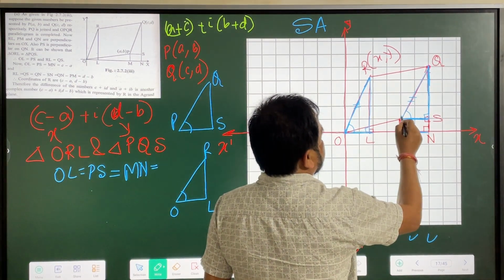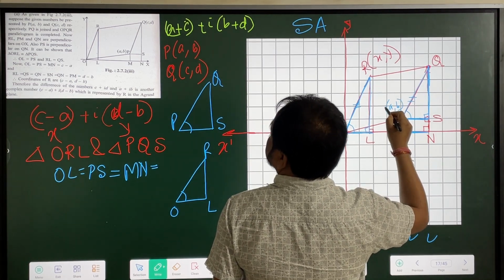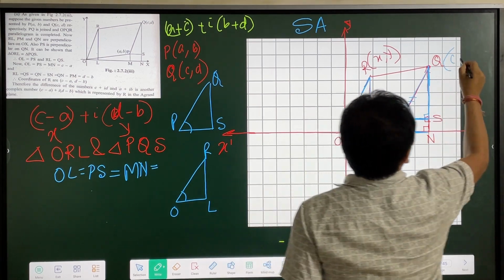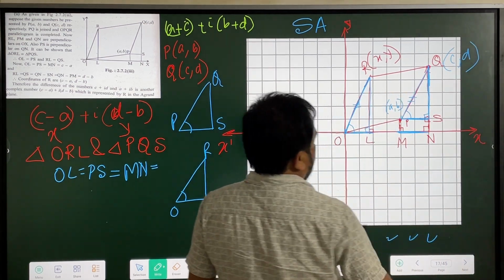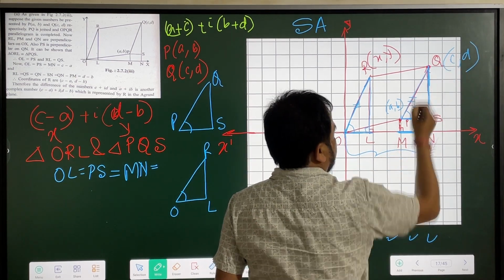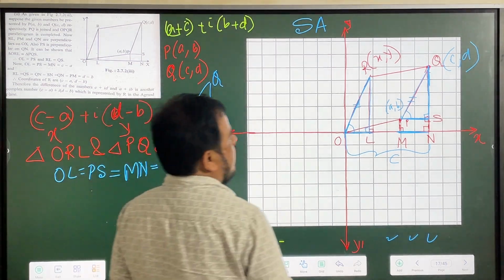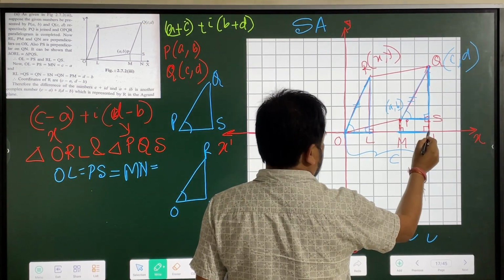P means A comma B, I think, no? P means A comma B. Q is written C comma D. It is not written till now. Okay. Now O to N, how much? C. I think you understand. Then O to N is C.